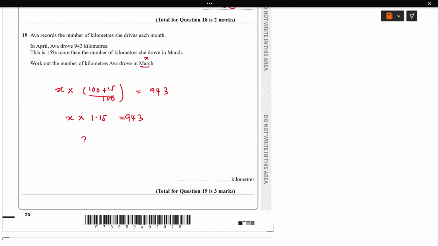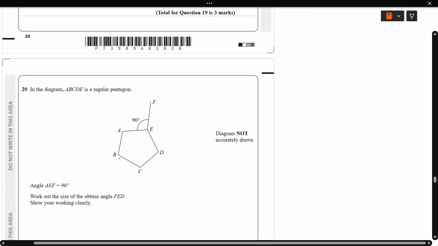Now I'll divide both sides by 1.15, so x is 943 divided by 1.15, which is going to be 820. The answer is 820 kilometers.